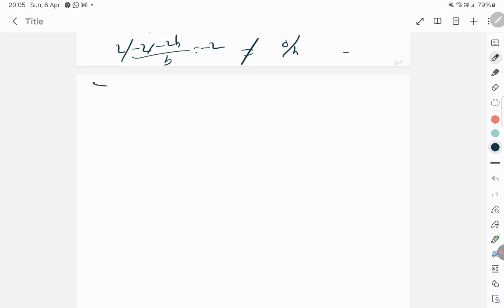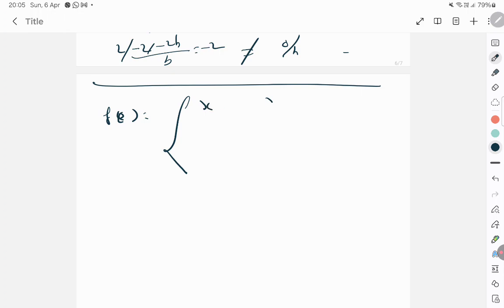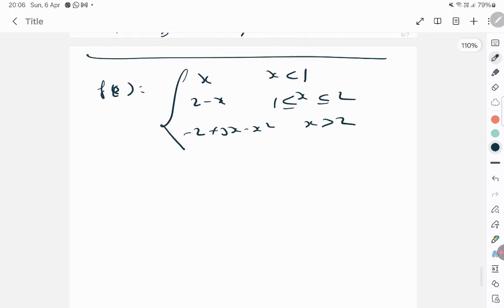So the next sum is f of x is equal to, just open the bracket, x when x is less than 1, 2 minus x if x is lying between 1 and 2, minus 2 plus 3x minus x square when x is greater than 2. So in this sum, come to the left side of 1, the answer is x, so differentiate that to get 1. Right side of 1, the answer is 2 minus x, differentiate it to get minus 1. So it is not differentiable. Practically you know it, but you have to do it as a sum.